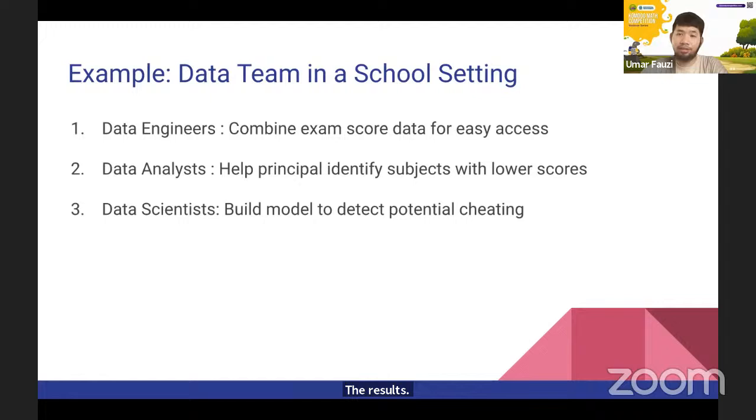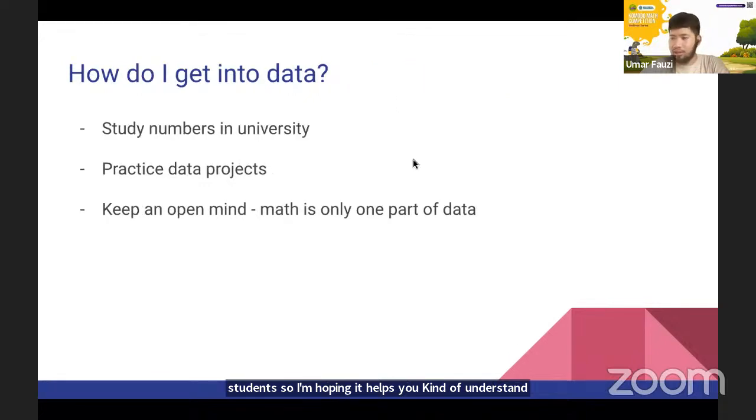So these are the three branches of data and how they would function in a school. I chose this example because you're all students, so I'm hoping it helps you understand the roles of each of these branches.